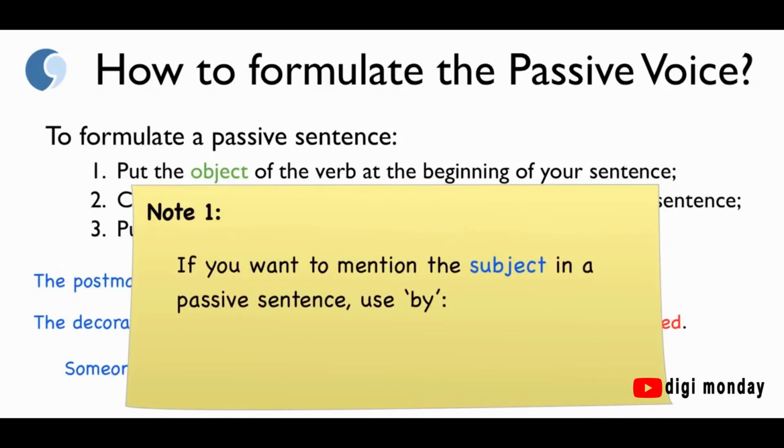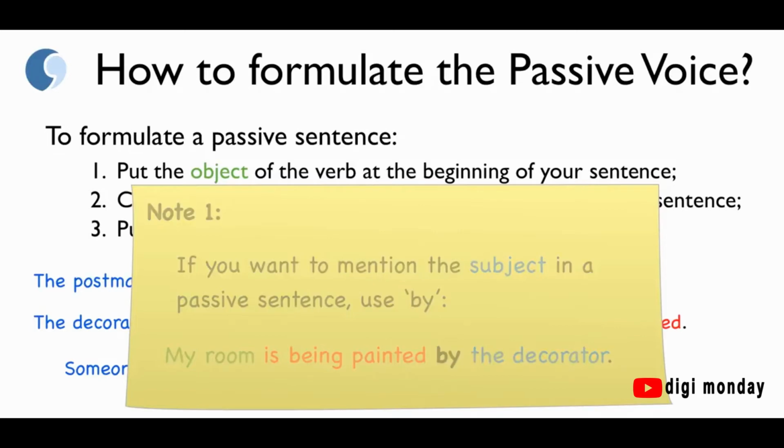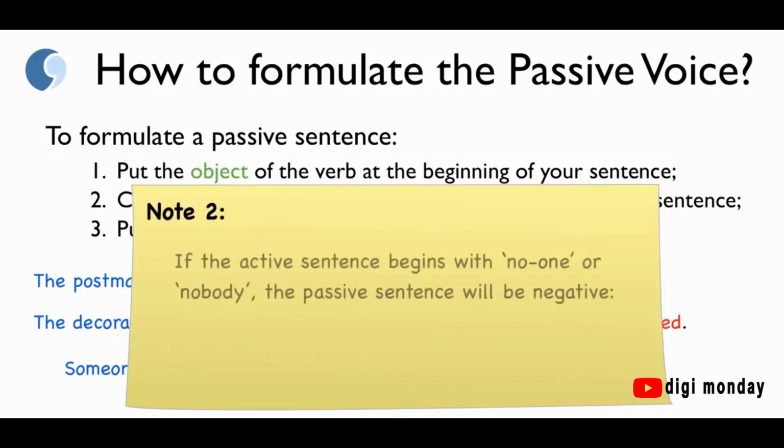Note, if you want to mention the subject in a passive sentence, use by. My room is being painted by the decorator. Note 2. If the active sentence begins with no one or nobody, the passive sentence will be negative. No one turned on the light.